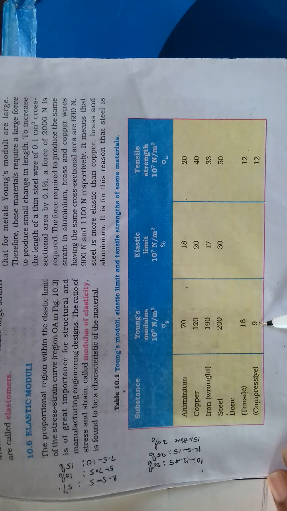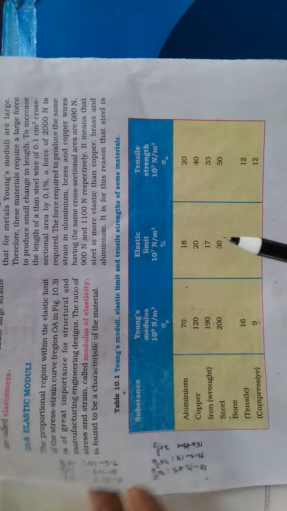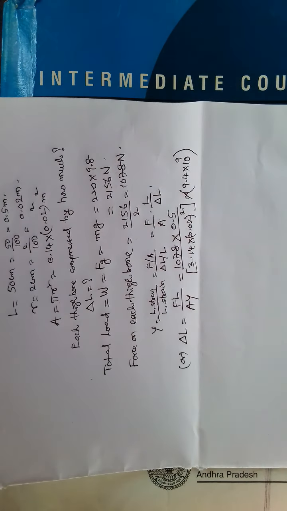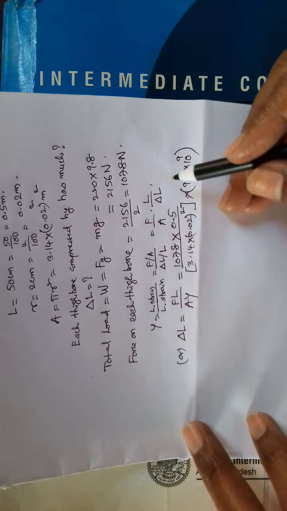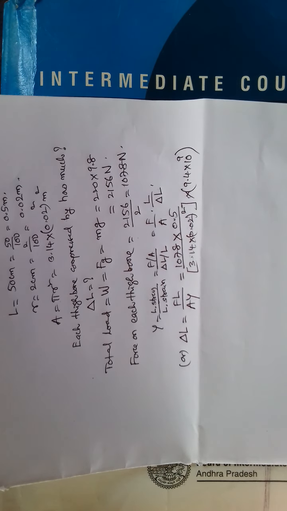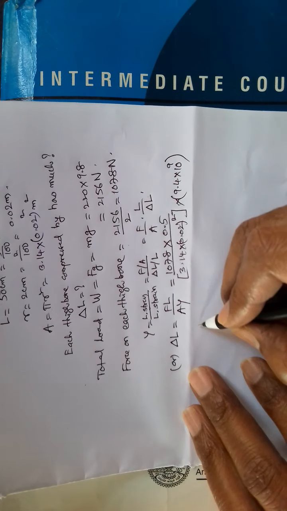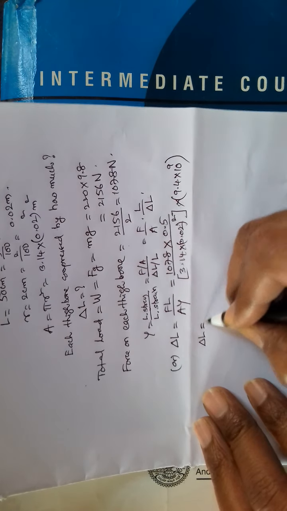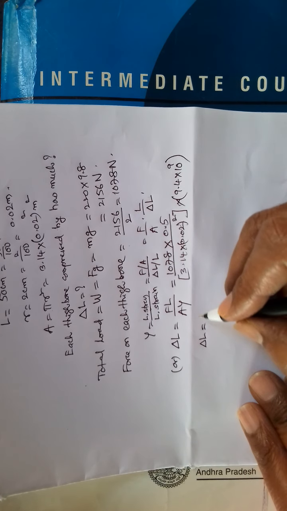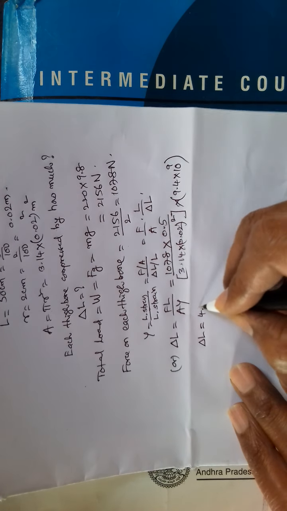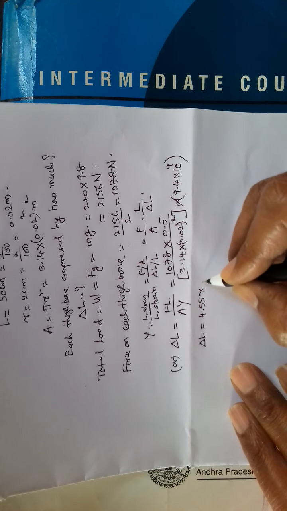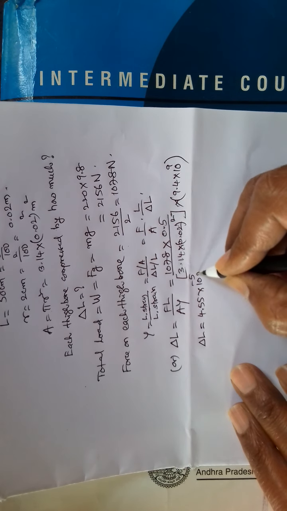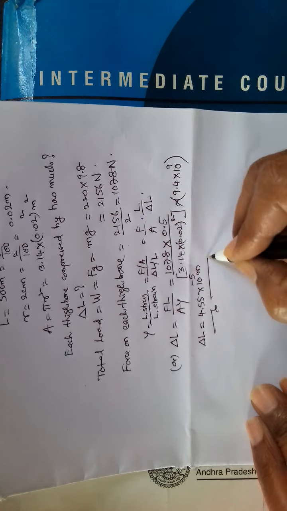Therefore we take this value, 9 into 10 power 9. So substituting these values, we get the answer, and that is 4.55 into 10 power minus 5 meters.